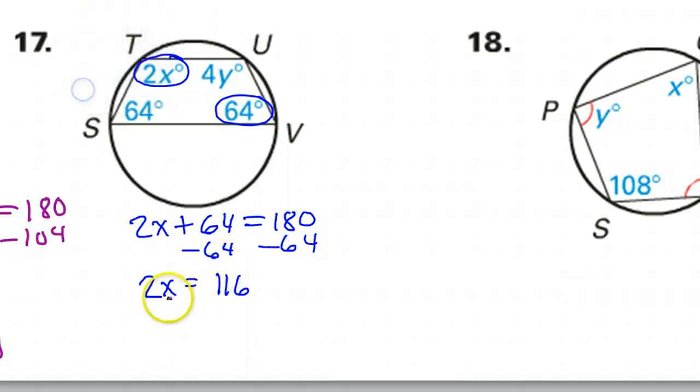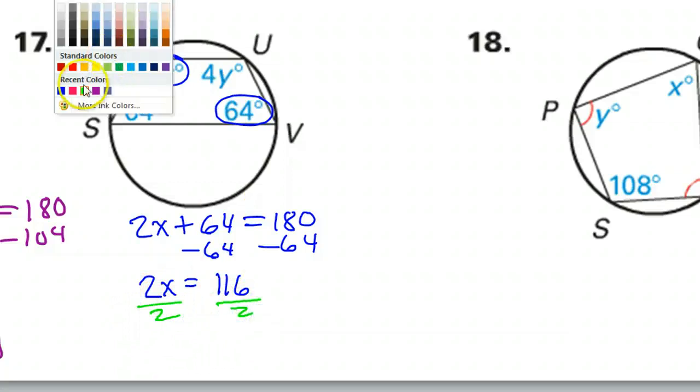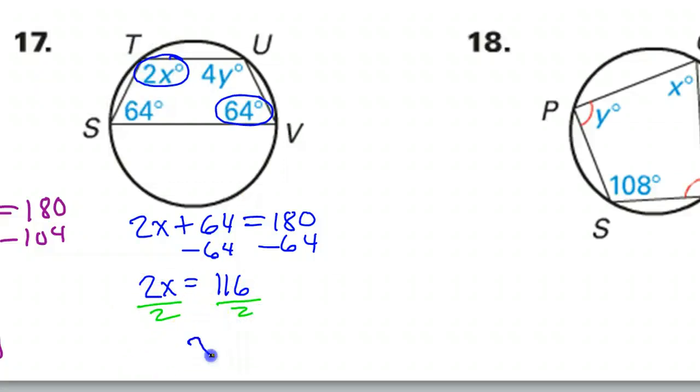Then we will divide both sides by 2, and that will give us x is equal to 58. So that's one of my variables.